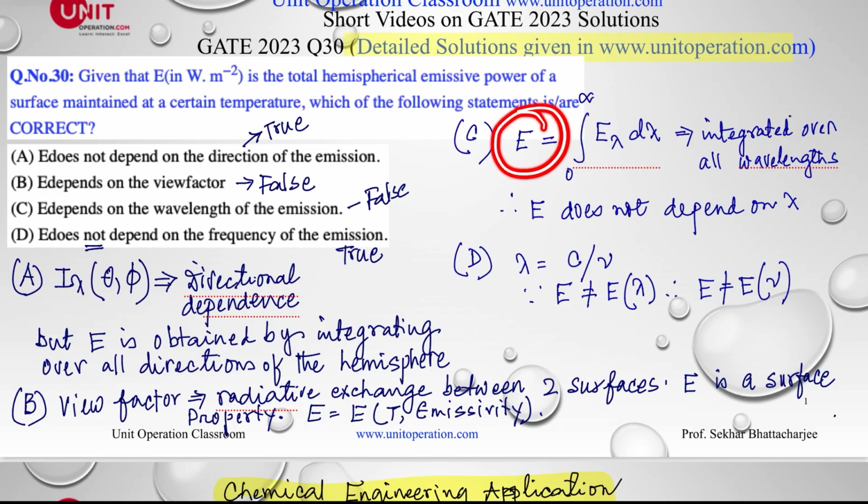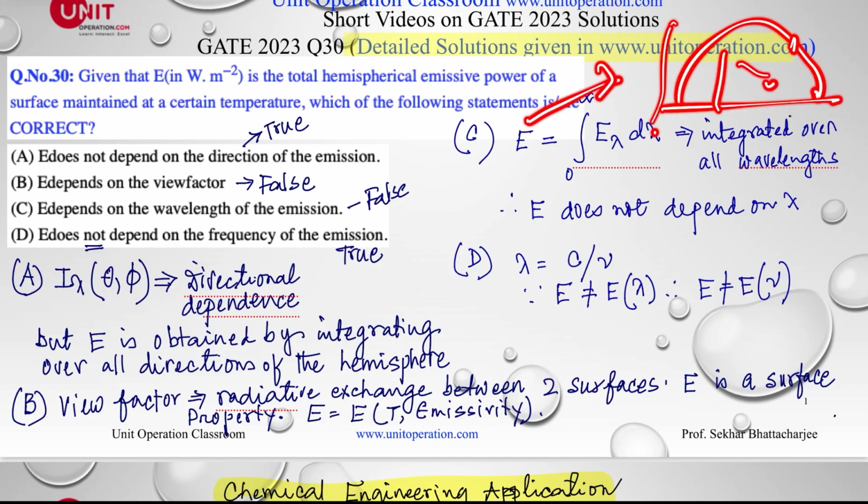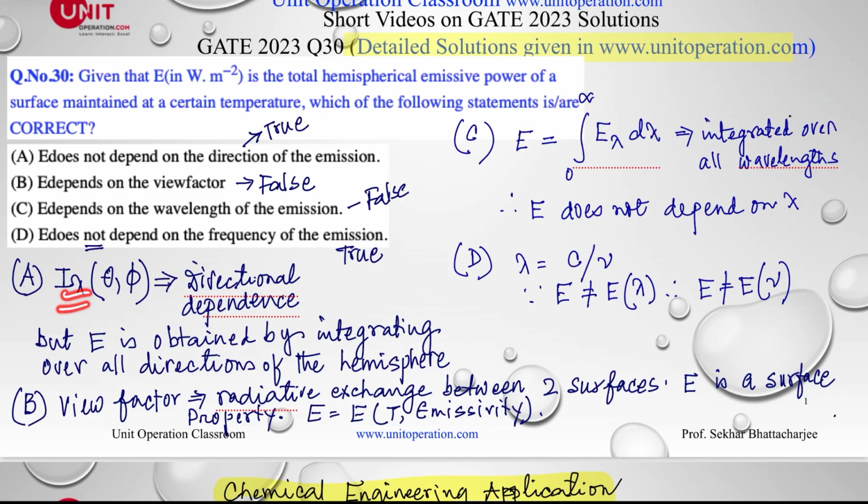So that's the E. This has already been integrated over the entire hemisphere in all directions. That has been done, which is I lambda cosine theta d omega, and we integrate over the entire range of the hemisphere.